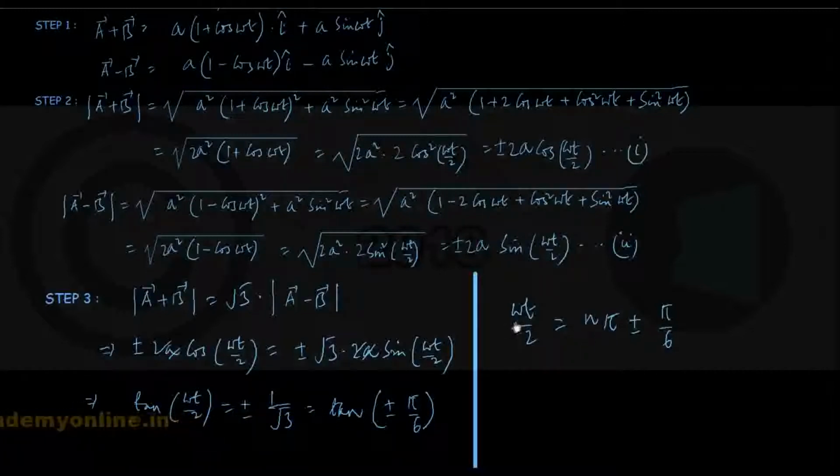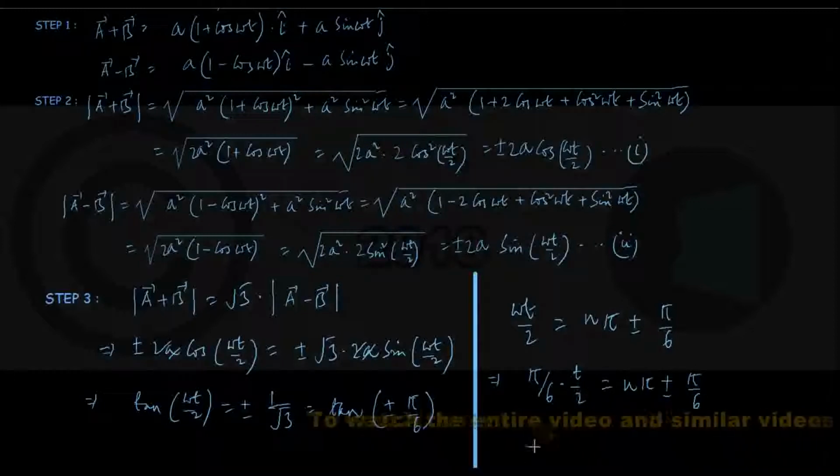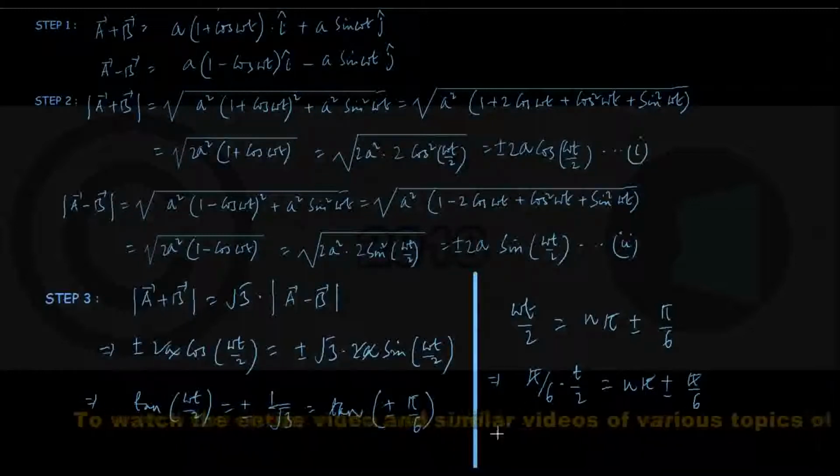Given that this omega is pi by 6 radian per second, you can write in the next step, pi by 6 into t by 2 is equal to n pi plus minus pi by 6. From both sides, pi is cancelling out.